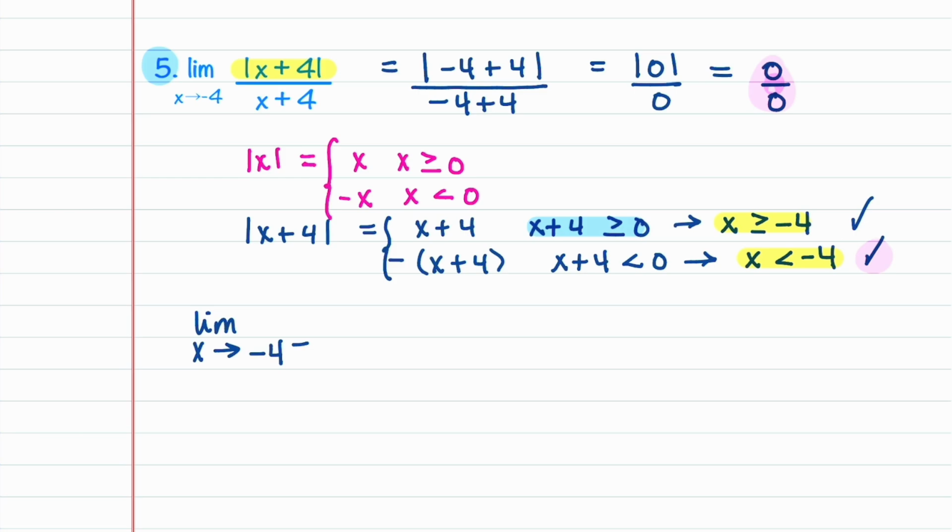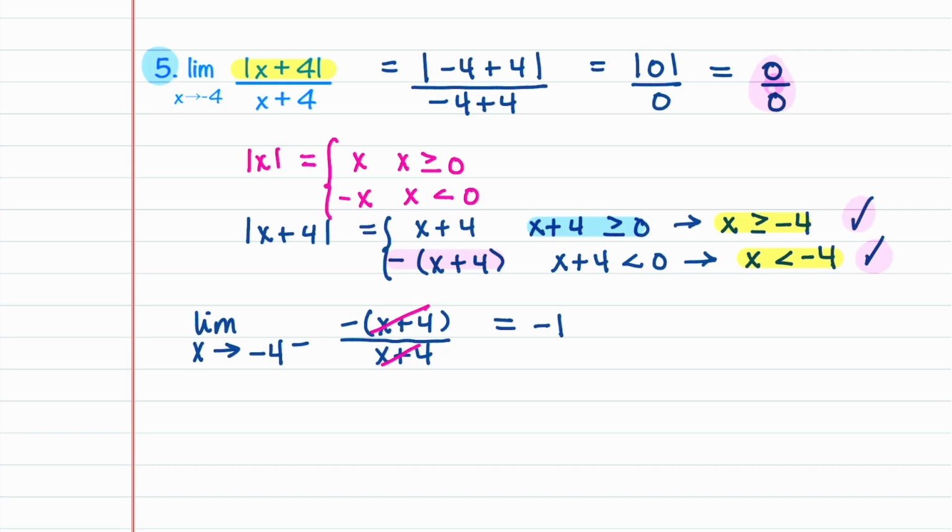So we're going to substitute in for our numerator minus the quantity x plus 4. So we have a minus (x plus 4) on top, and then down below, we have an x plus 4. These terms cancel, so we're left with a value of -1.